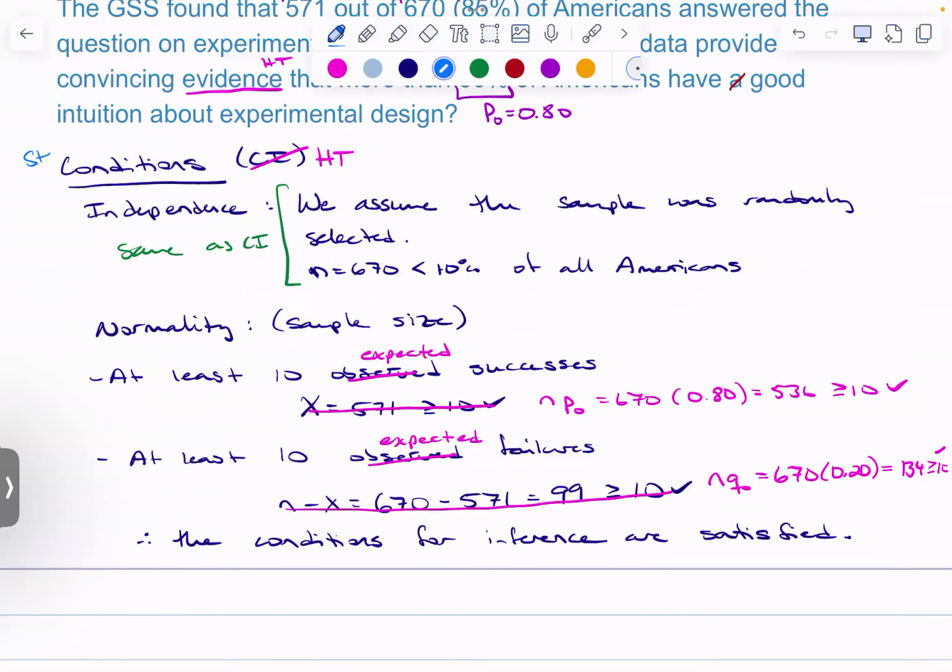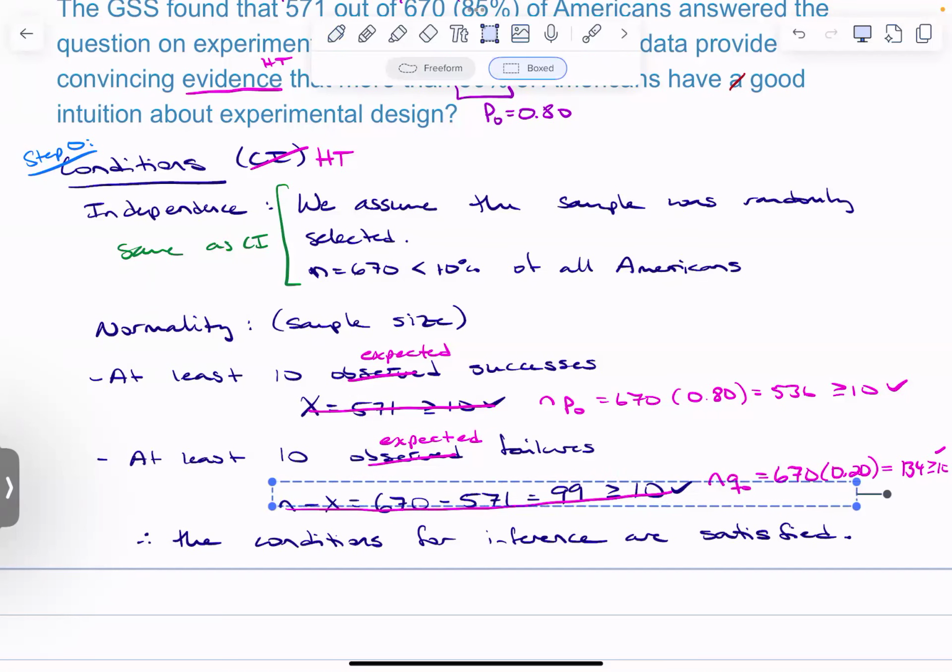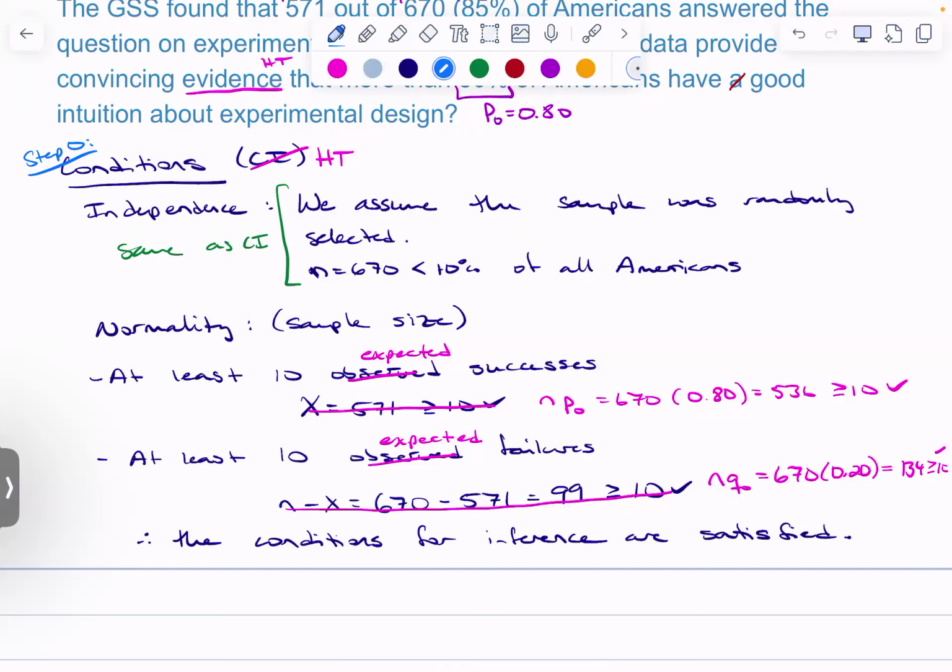I've been calling this kind of step 0. For n q naught, 670 times 0.20 equals 134, which is greater than or equal to 10. I tried to sneak it in there. How about this? I'll bump this over. Oh, I've written too crooked. I can't grab it very nicely. Oh well, that's okay, I got it. Nice. Now we're ready. So then the conditions for inference are satisfied.